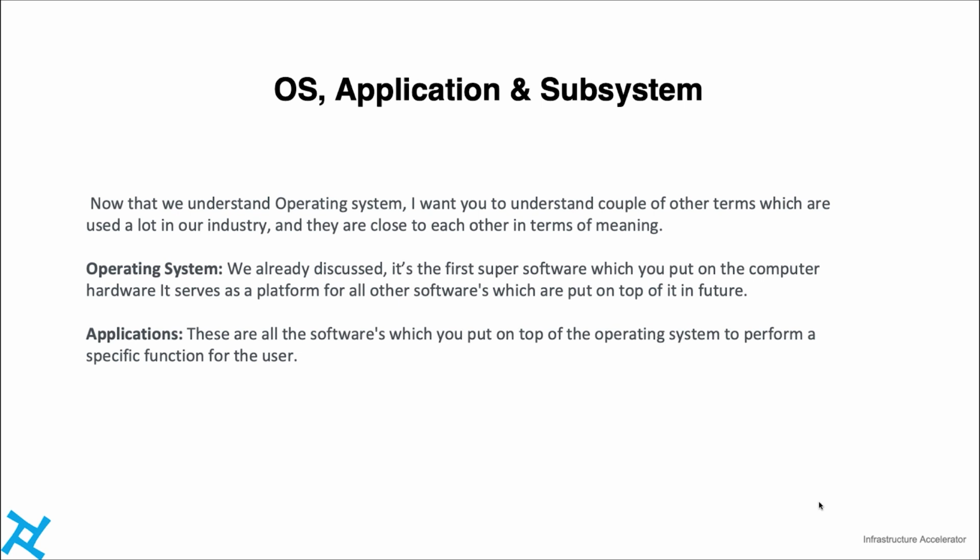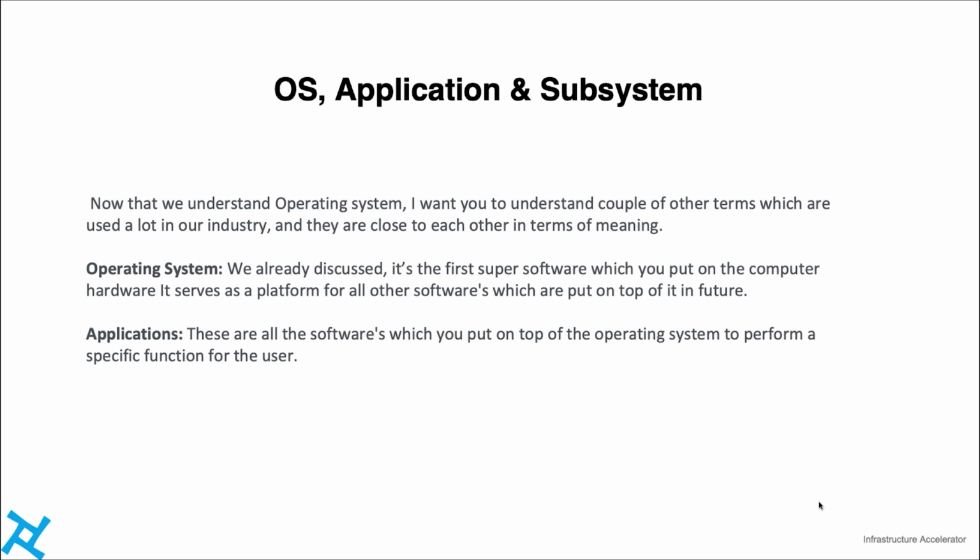I want you to understand a couple of other terms which are used a lot in the industry, and they are close to each other in meaning. Operating system, we already discussed, is the first super software which you put on your computer hardware, and it serves as a platform for all the other software which is put on top of it in future, like Windows, and you install Microsoft Office or Adobe on it. Applications, what are applications?